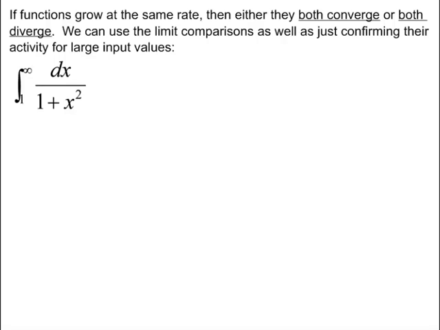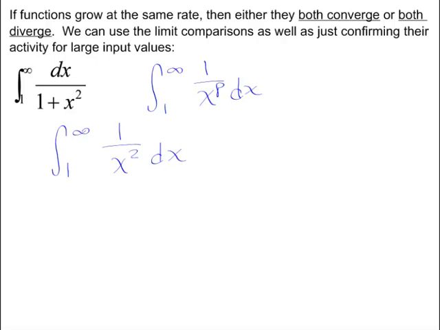We're going to use the idea of determining what happens to a function based on the value of p, and then we're going to have to show the comparison between what we chose as our comparison function and the unknown.